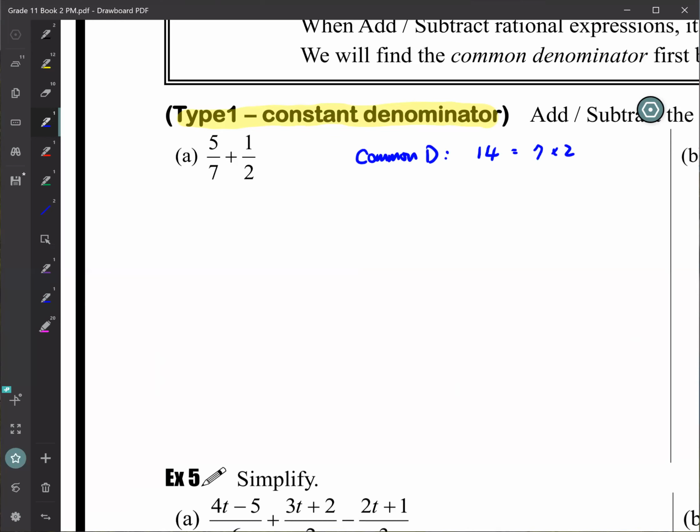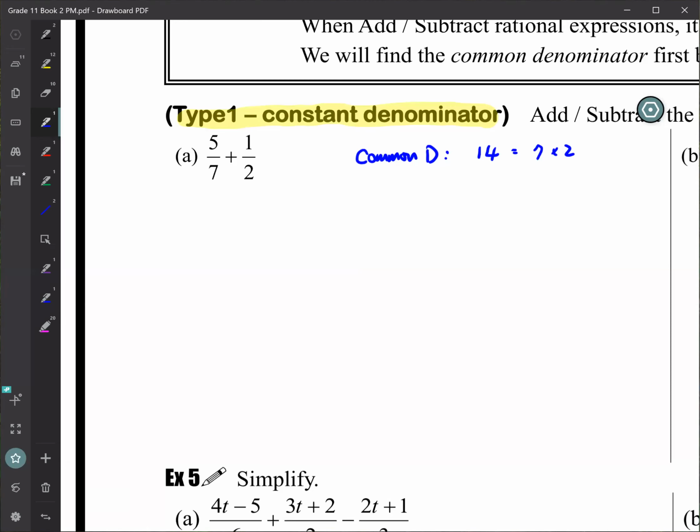Right now you may think, oh, this is so easy, why even bother explaining, right? Later, it will be more difficult when we have variables, okay? So just keep this in mind. The common denominator should include both of the denominators inside, okay?